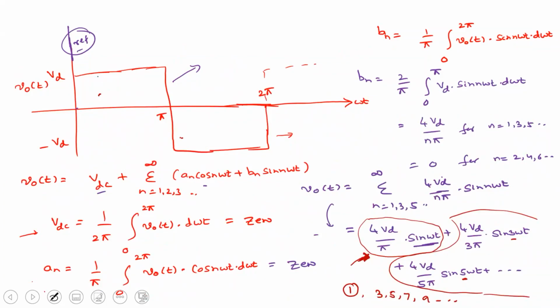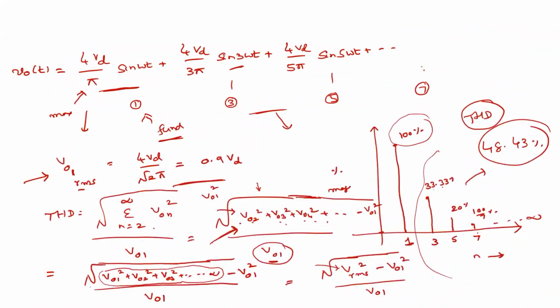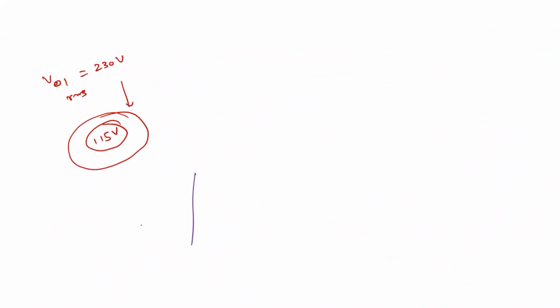Symmetrically, I remove these portions. So let us assume that this width is delta. So now you're left with this kind of waveform, right?